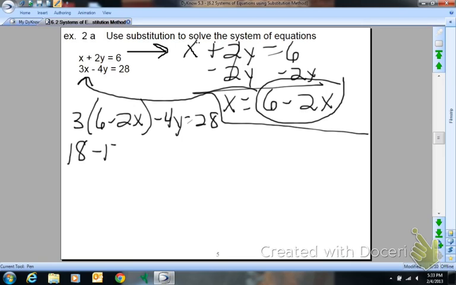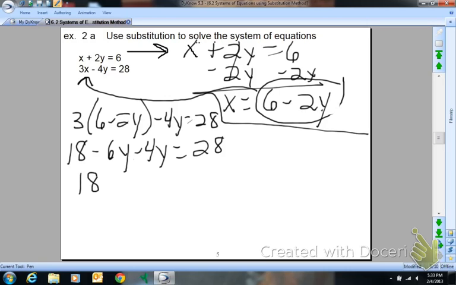So that's 3 parentheses 6 minus 2x minus 4y is equal to 28. Do the distributive property. That should be a y right here. Combine like terms.